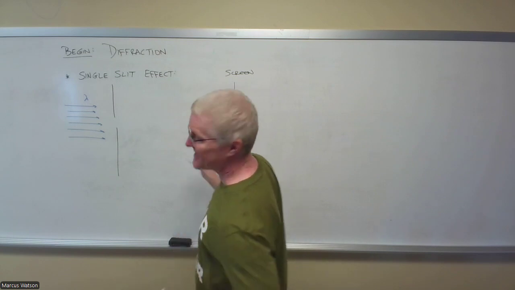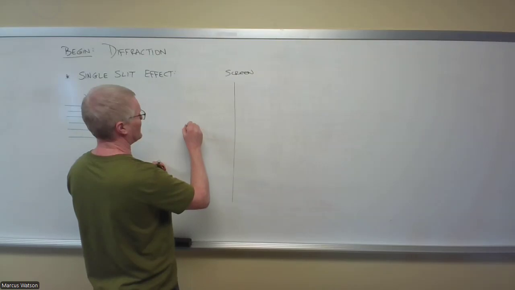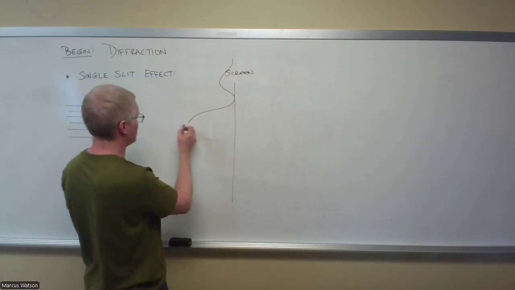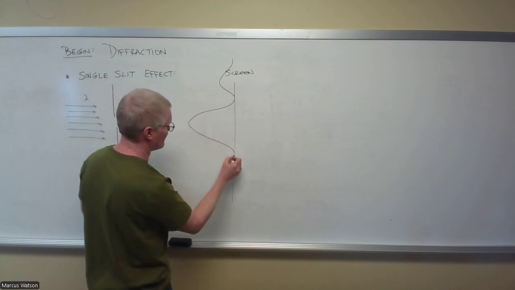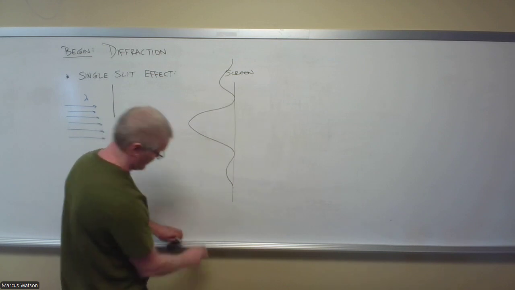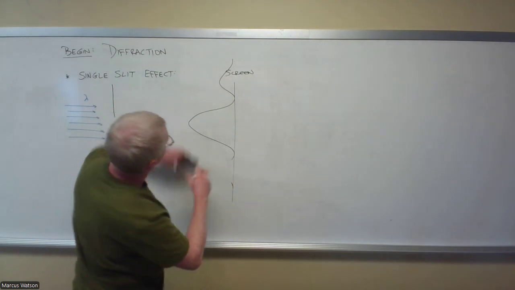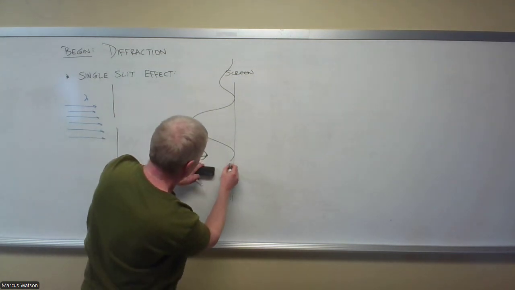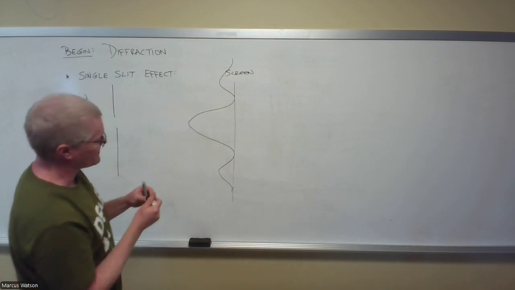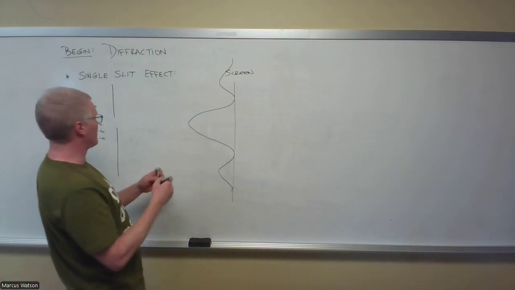What we notice about the intensity of the pattern on the screen here is that it looks kind of like this. I'm trying to make those secondary ones about the same size. So the diffraction pattern is that this is a bright fringe.